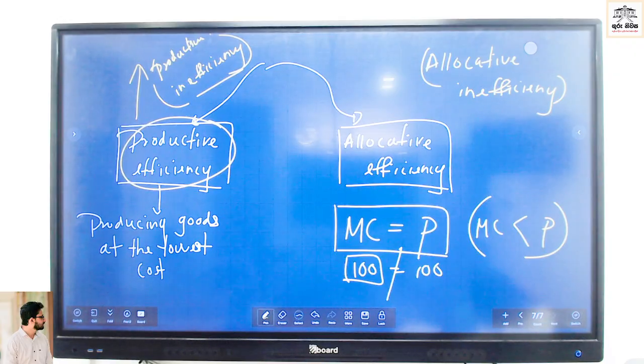So in the monopoly market, no productive efficiency and no allocative efficiency. None of them. The main reason we can say is no competition. If there is no competition, firms don't want to be productively efficient, right?